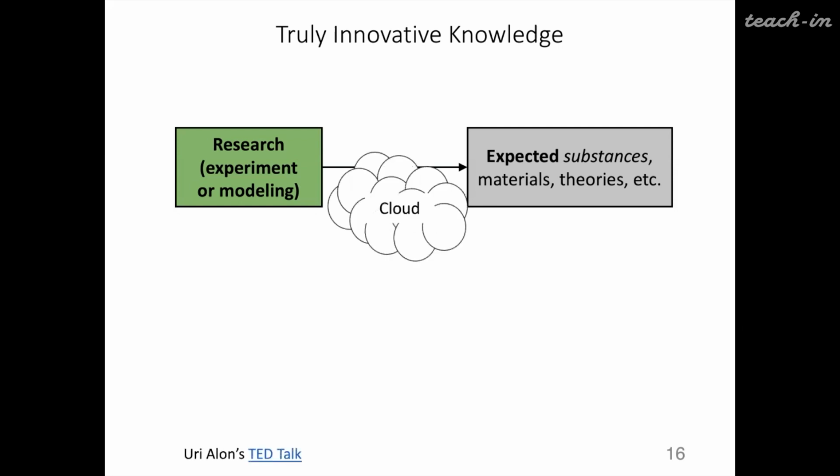However, experiments sometimes just don't work. And such a state was called a cloud by Professor Uri Alon. So it's a state when you conduct experiments and experiments don't work, experiments don't work, experiments don't work.